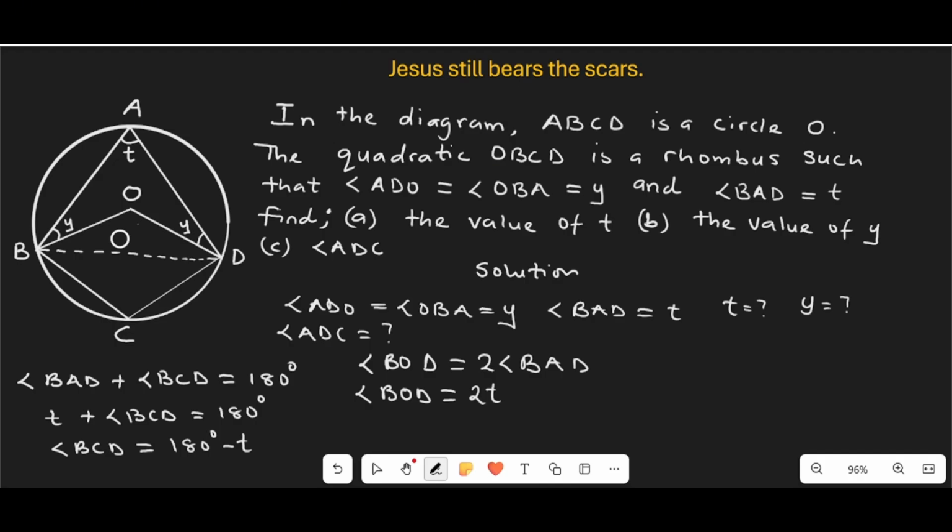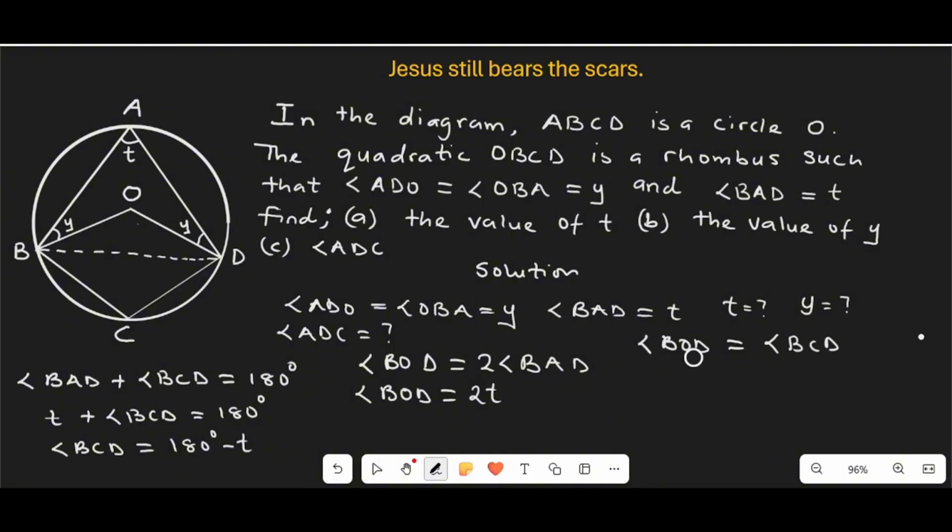Let us consider this quadrilateral, rhombus OBCD, and opposite angles of a rhombus are equal to each other. That means angle BOD is equal to angle BCD.